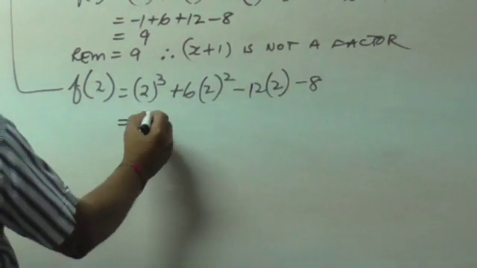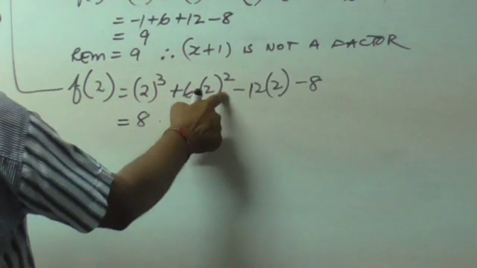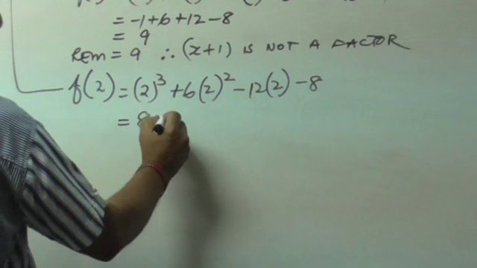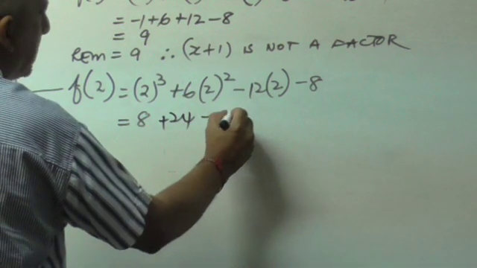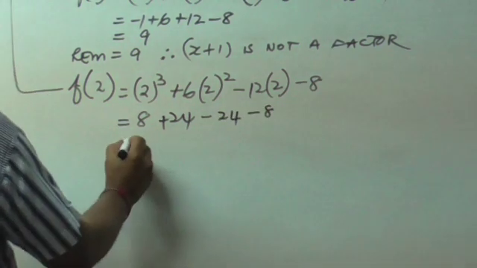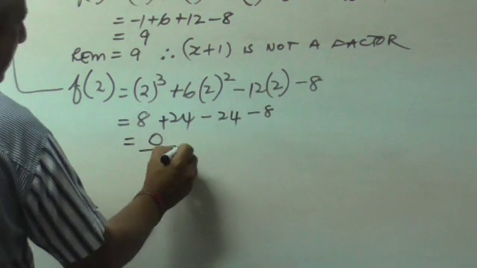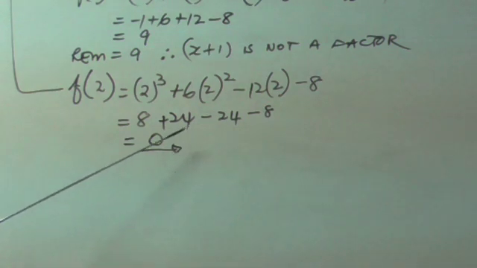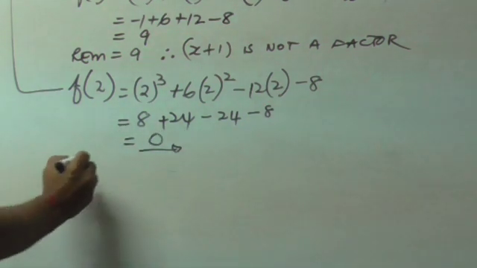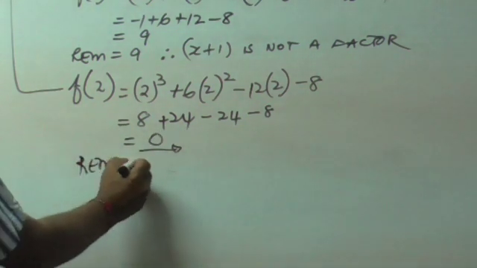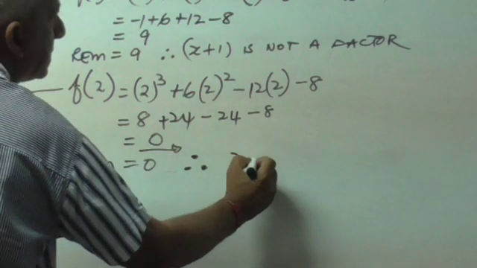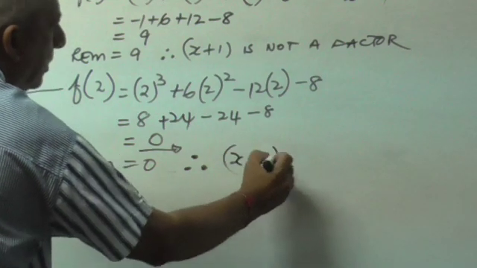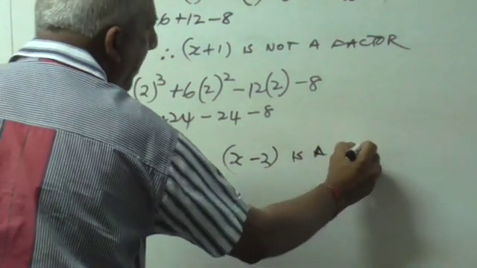Since I don't have my calculator here, 4 times 6 will give you 24, minus 24, minus 8. You put all that in the calculator, you get 0. So now the remainder is 0. Therefore, x minus 2 is a factor.